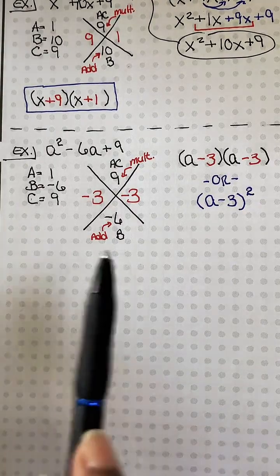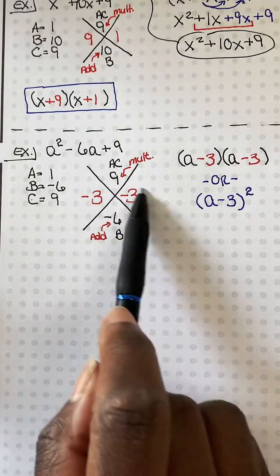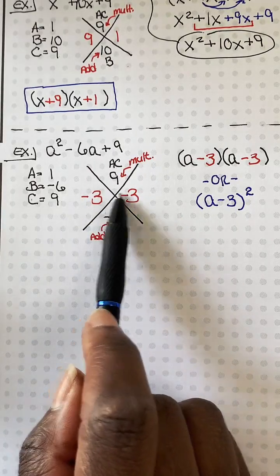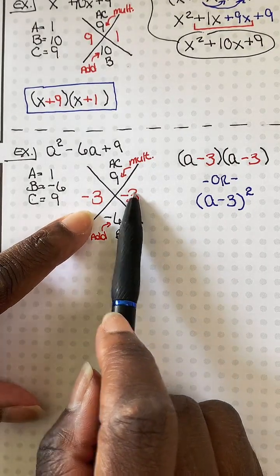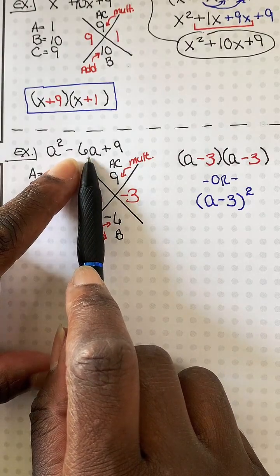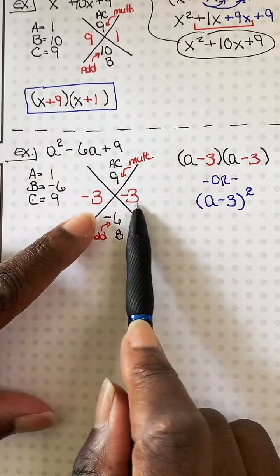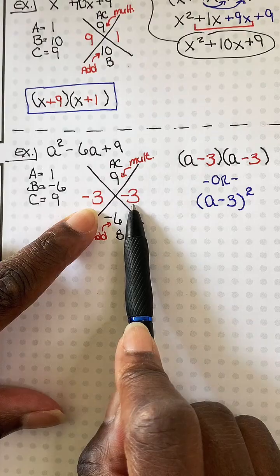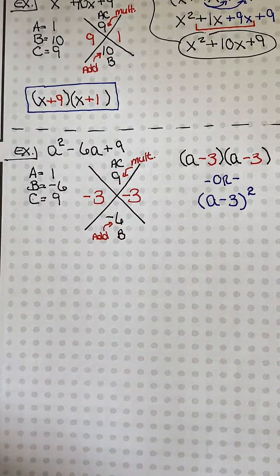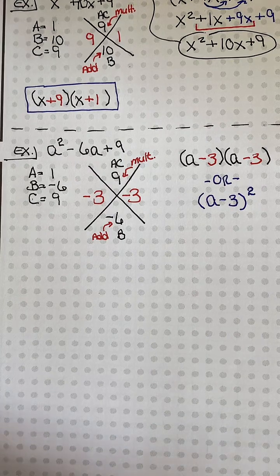I know when they get this part here with the -3, some teachers will have you replace the -6a with the 2 -3s and then do it by grouping. I feel like that takes longer, but if you feel comfortable doing it through grouping, go right ahead. Okay? All right, all good.